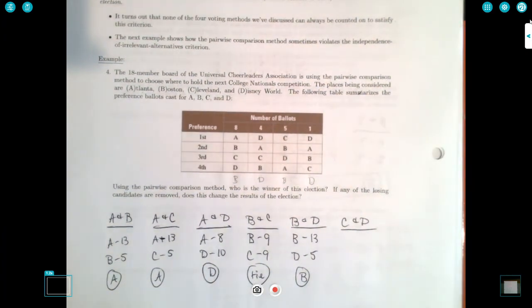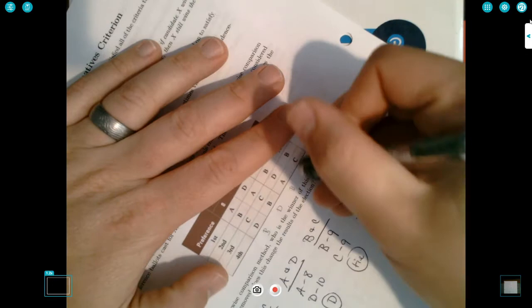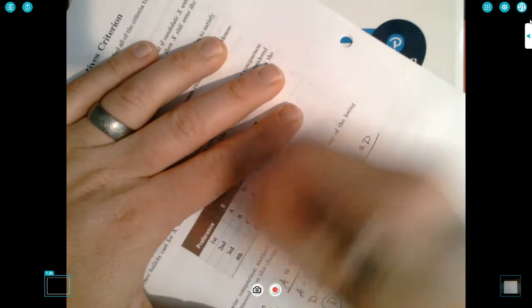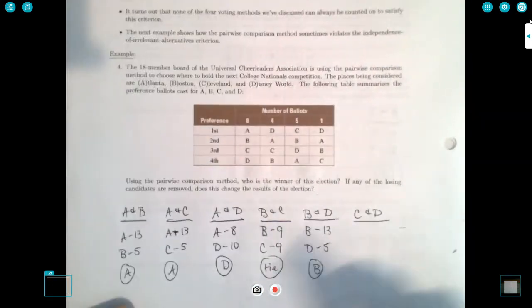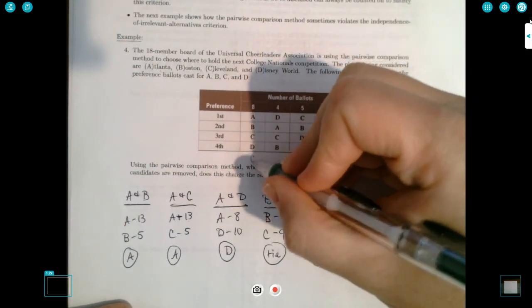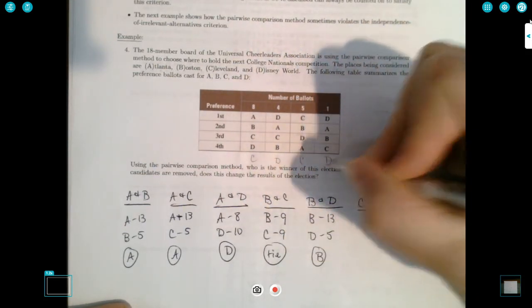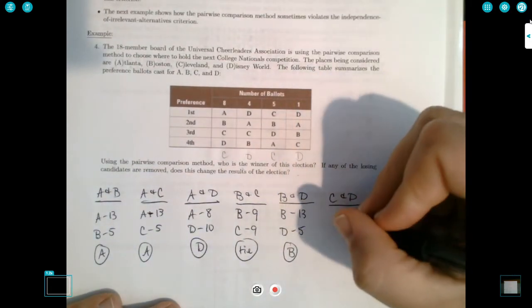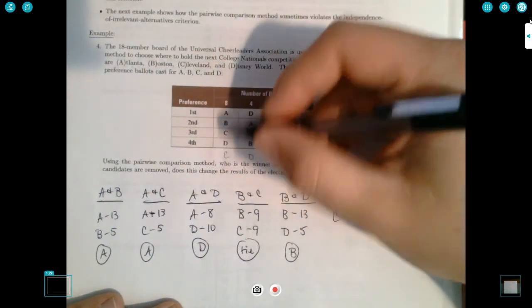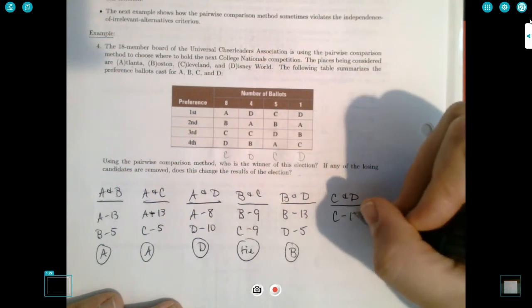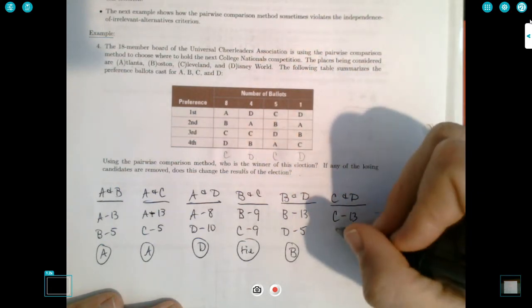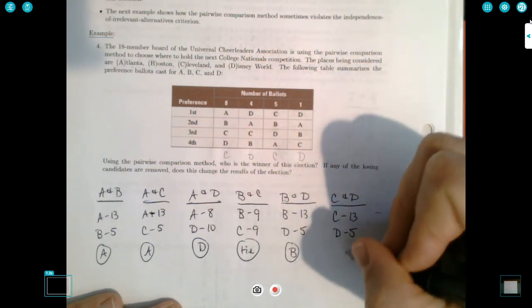And then if we compare C and D, here C would win, here D would win, C would win, and D would win. So C gets 8 plus 5 is 13, and D gets 4 plus 1 is 5. So here C would win.